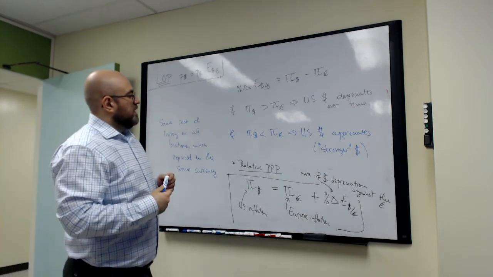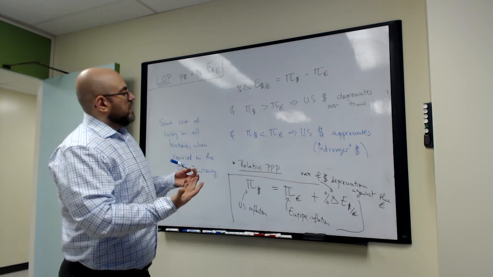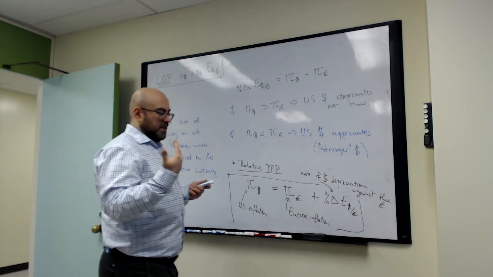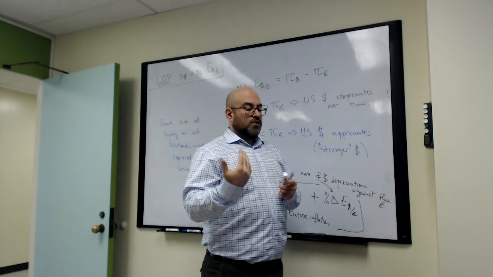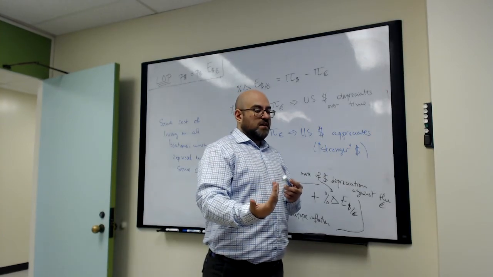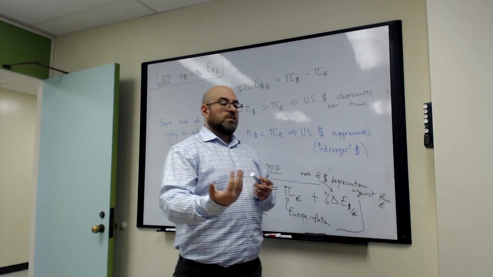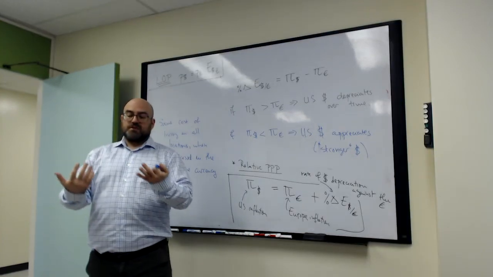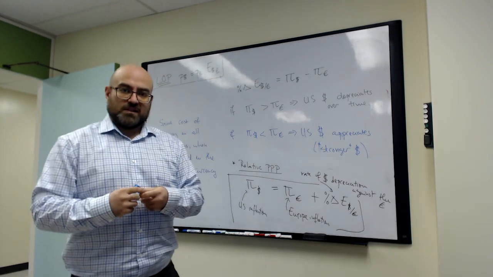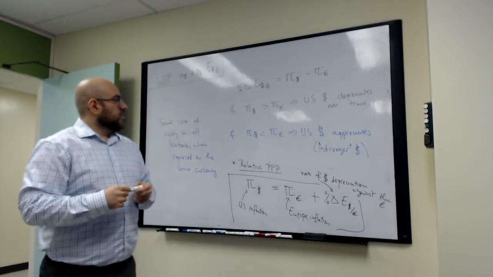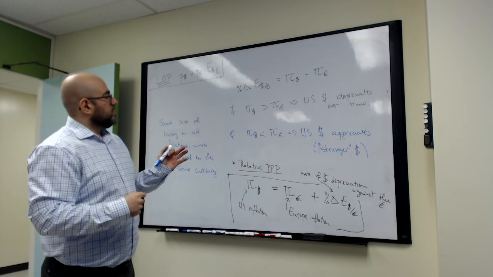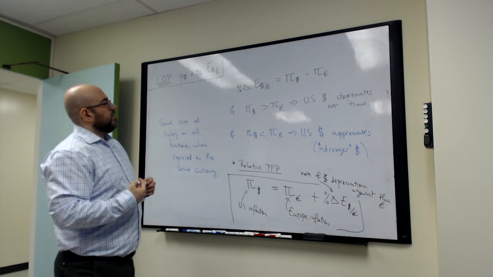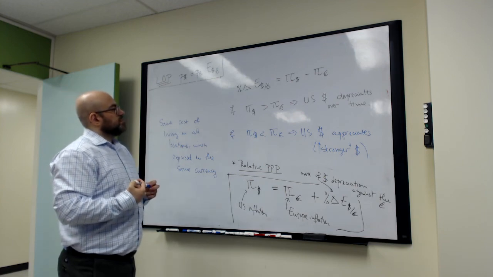So you have to be careful about exactly what I'm telling you in the statement of the problem. I may tell you something about the euro appreciating against the dollar. You should immediately translate that into a statement about the dollar, that if the euro is appreciating, then the dollar is depreciating, or the other way around. So that's going to be an important detail to keep in mind, exactly which way we're stating these changes.